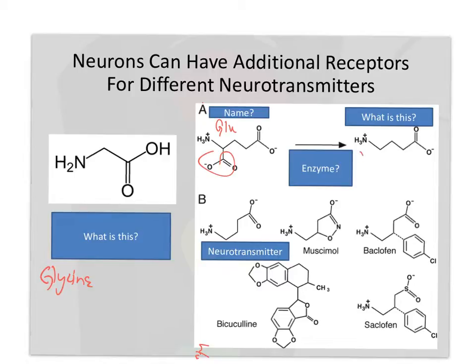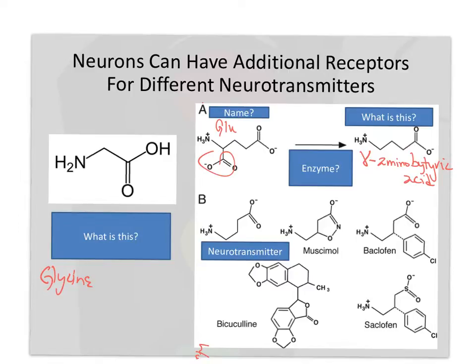This one, you may have heard it. It's called gamma amino butyric acid. It's also called gamma aminobutanoic acid.